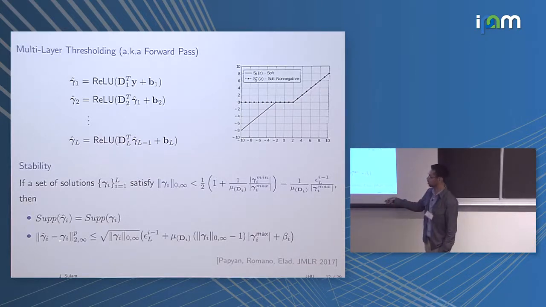And they will be also not too far away from the ideal representations that gave you this signal. So on the one hand, this is great because for the first time, we know that under some conditions, the forward pass is actually stable.